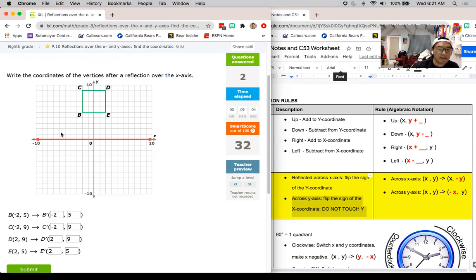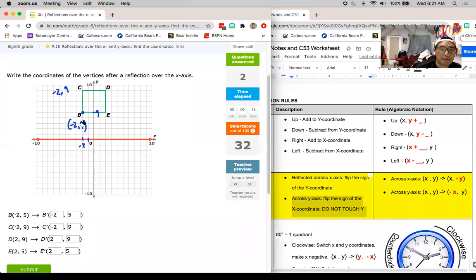And you can see point B is at, sorry, -2, 9. So that's 1, 2, -2 on the x, and then all the way up here is 9 on the y. Point C is -2, 9. Oh, I think I made a mistake there.